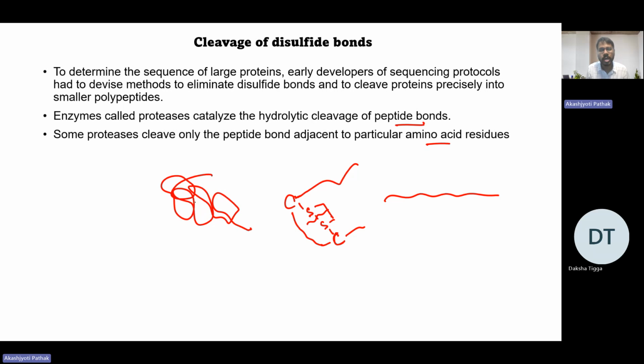So to cleave the disulfide bonds, you have to treat the protein with a reducing agent. Once you treat the protein with a reducing agent, the reducing agent will attach hydrogen to the sulfur atom and this disulfide bond will break.